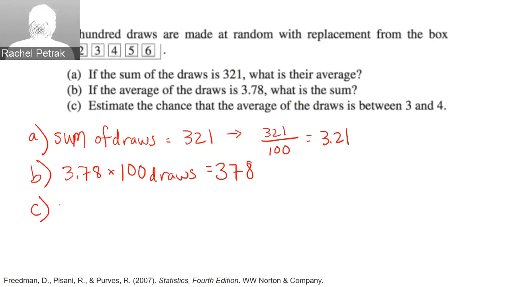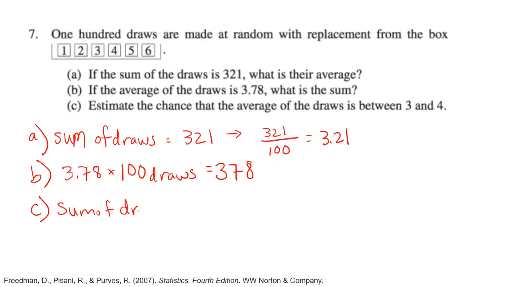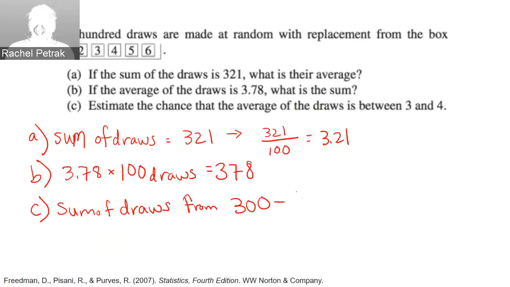Where did I get 350? Well, if the average of the draws is between 3 and 4, then the sum of the draws would be from 300 to 400, which I got using the same process we did up here. And the expected value of this range would be 350.